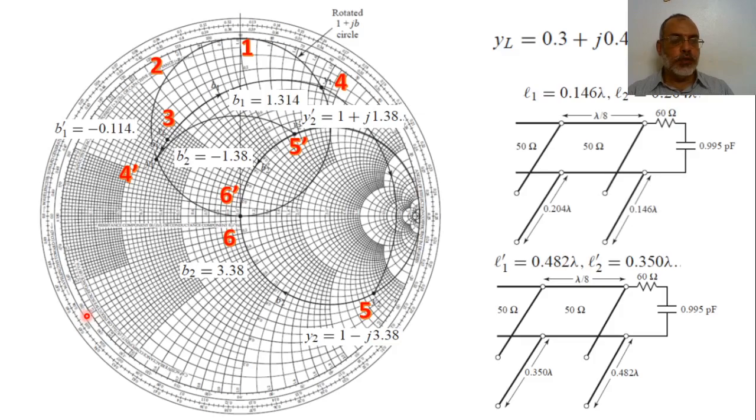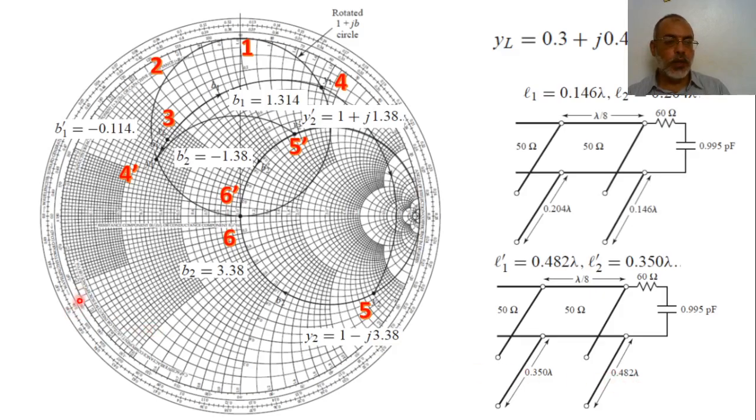For the case of open circuit or open transmission line, to obtain this susceptance, we are going to move from the point 0 toward our generator all this half circle and this part of the half circle. So the length of the first stub in this case would be 0.482 lambda. How has it been determined?